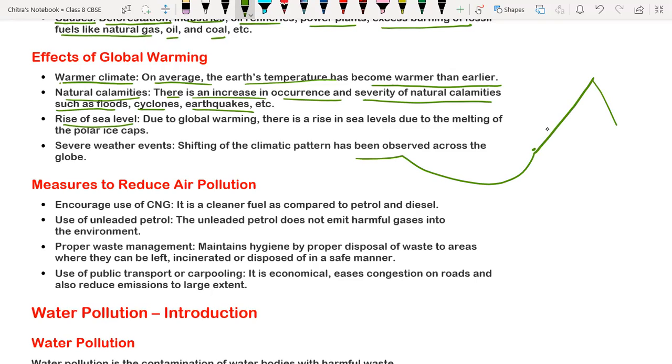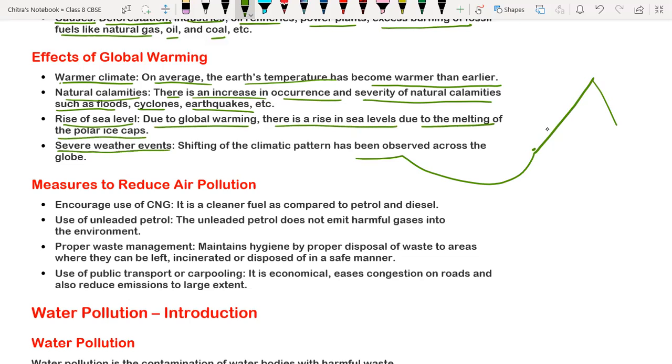The coastal regions, where most of the cities and villages are situated, will get flooded. So these are the effects of global warming, you can say. Due to global warming, there is a rise in sea level due to the melting of the polar ice caps.